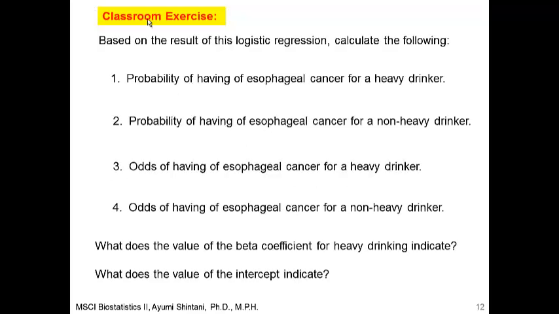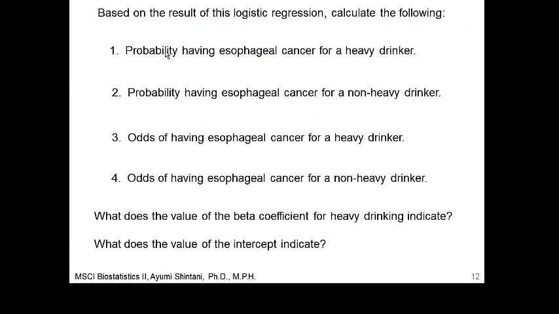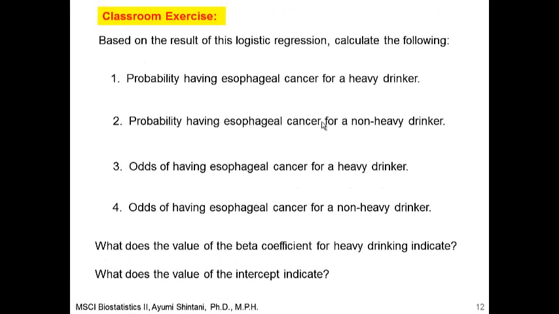All right. So, classroom exercise. Let's compute the probability of having esophageal cancer for a heavy drinker. Using this formula, let's compute the probability of having esophageal cancer for a person who is a heavy drinker, and also for a non-heavy drinker.